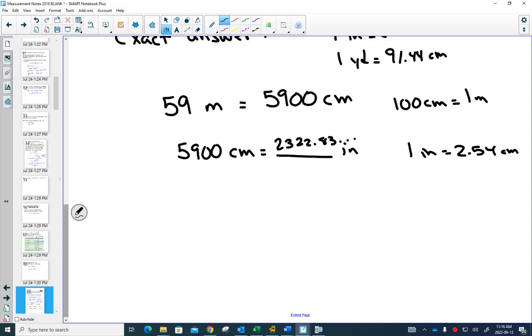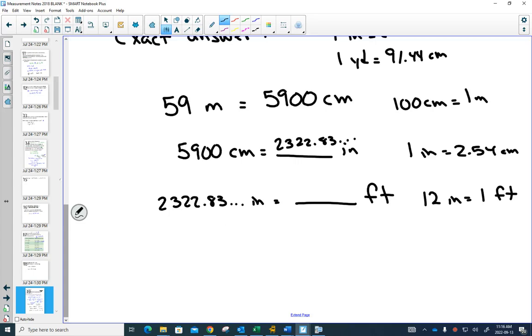But it's not asking for the answer in inches. It's asking for the answer in feet. So now I have 2322.83 dot, dot, dot inches, and I need to figure out how many feet that would be. I'm going to have to divide by 12 because I know that 12 inches is 1 foot. Do I need more or do I need less?